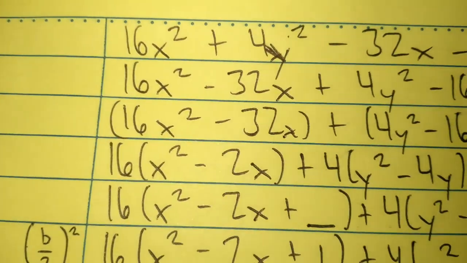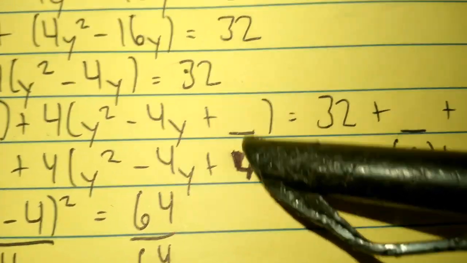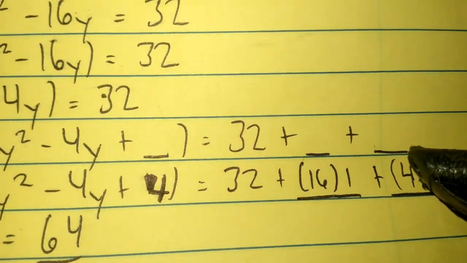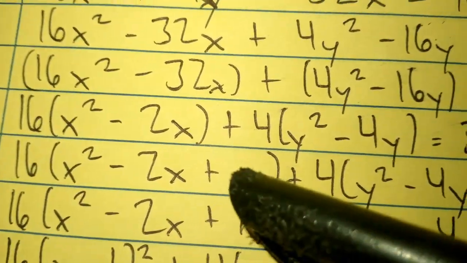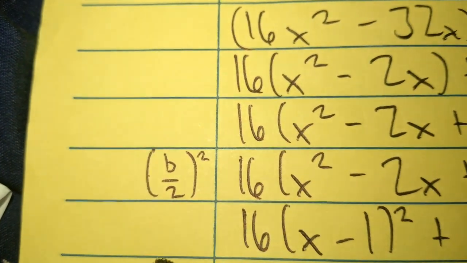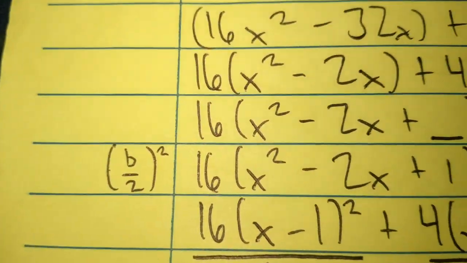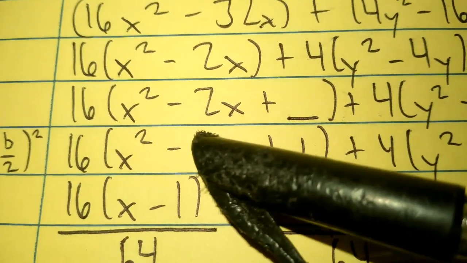So after that, we are going to add these blanks here and also here in the 32. Then in order to find the blank, we need to use this formula: b over 2 squared. So this is the b.